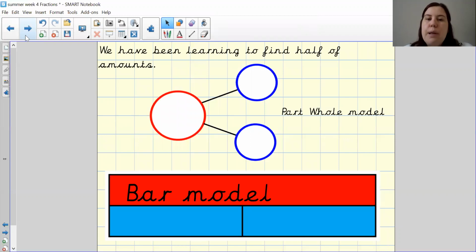Last week we were looking at finding half, and we used our part-whole model, which we are very confident at using, and we started to use a little bit more of the bar method, which I think you started to understand a lot clearer when we were doing our halving last week.